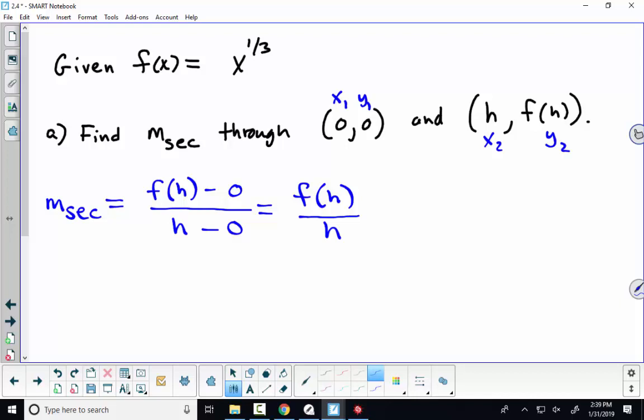Do we know f of h? Cube root of h. Yeah. F of x is the cube root of x. F of h is the cube root of h. And then we can simplify that. H to the 1/3 divided by h gives us what?